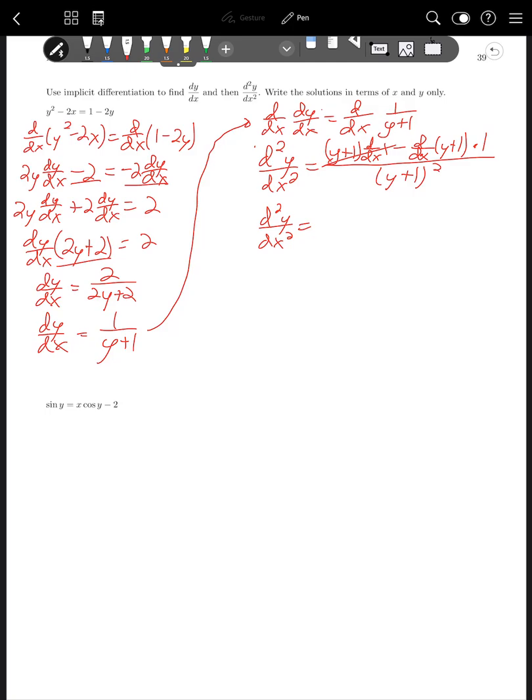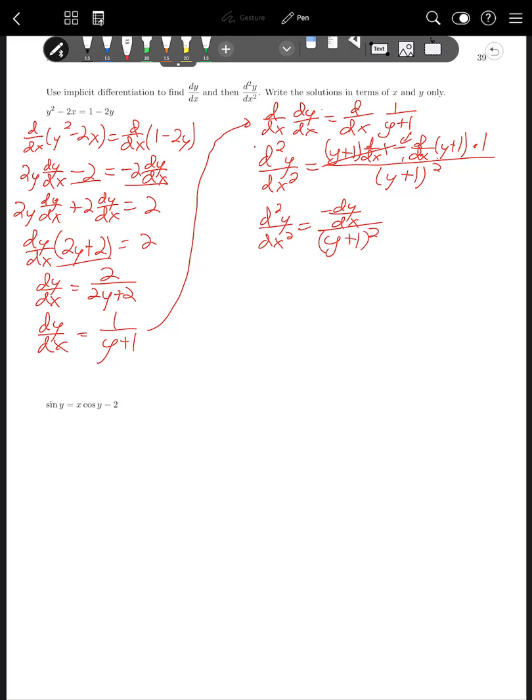The derivative of y plus 1 with respect to x is just negative dy/dx, right? The derivative of y with respect to x is dy/dx, and it's the opposite of that because of this negative right here. And then the derivative of 1 is 0, and if we multiply that by 1, we get this, over y plus 1 squared.